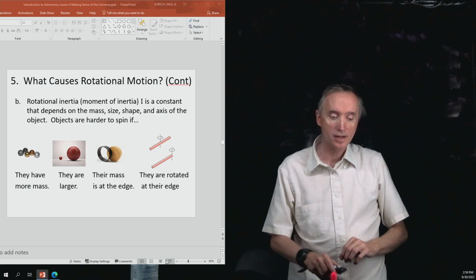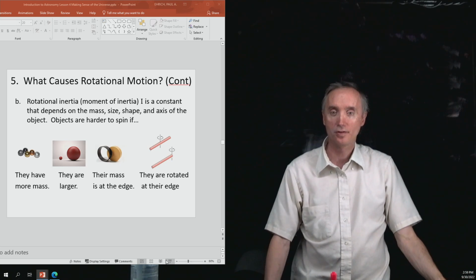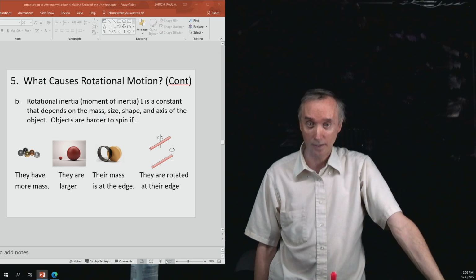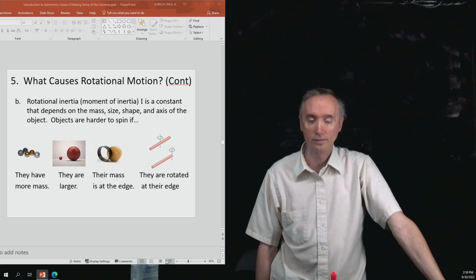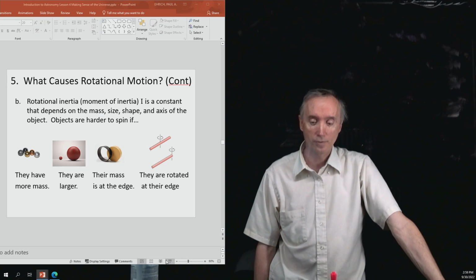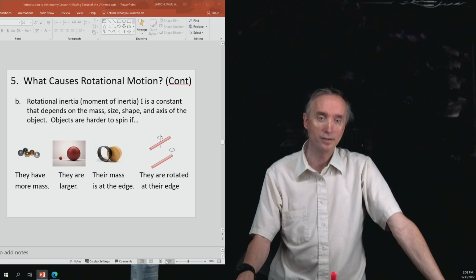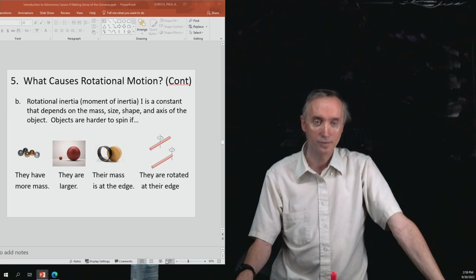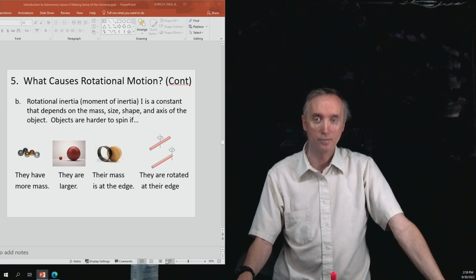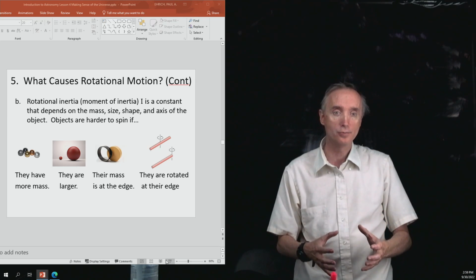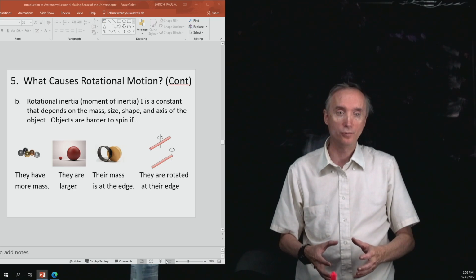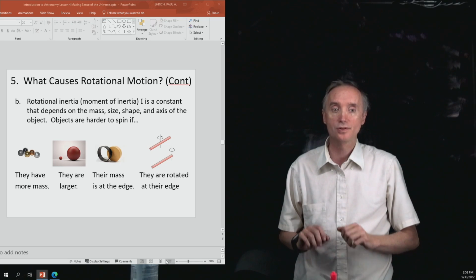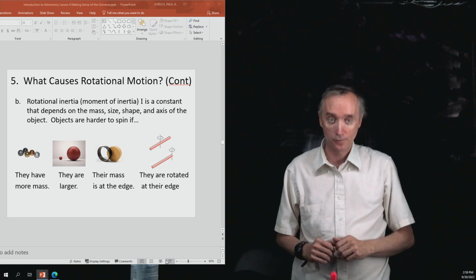Okay, here is yet another concept for things that are rotating. In general, things that are rotating is more complicated than things that are moving in a straight line. Do you remember when things were moving in a straight line, we talked about mass, and we said that the more massive the object, the harder it would be to get it going, and the harder it would be to stop it from moving.